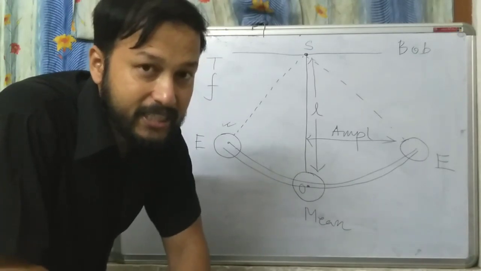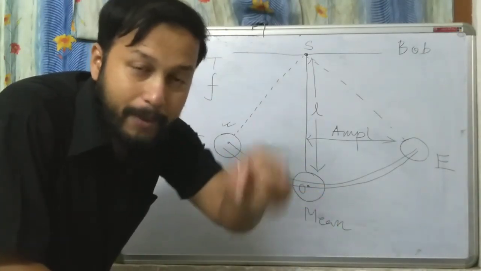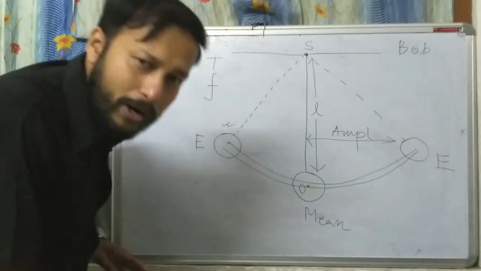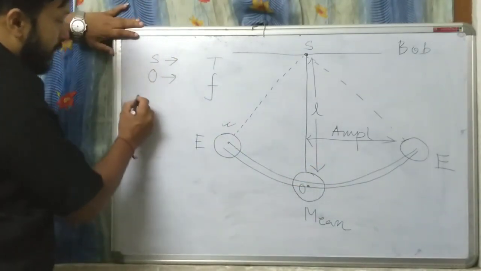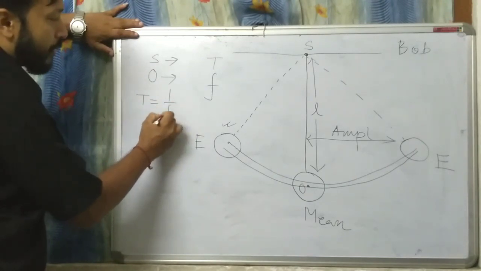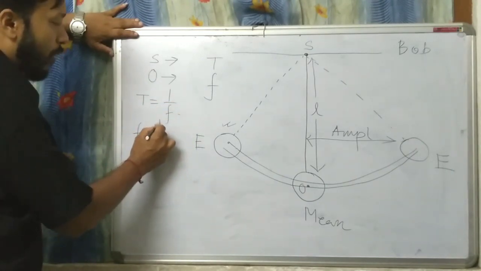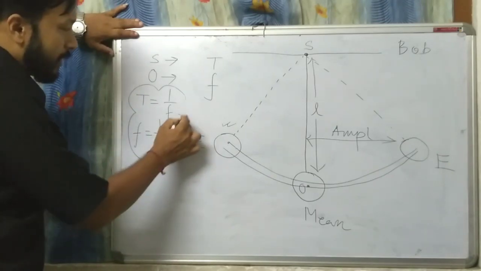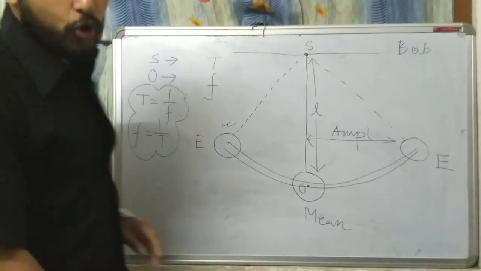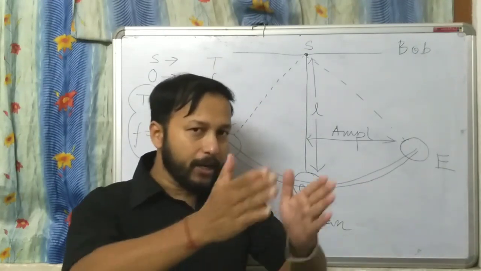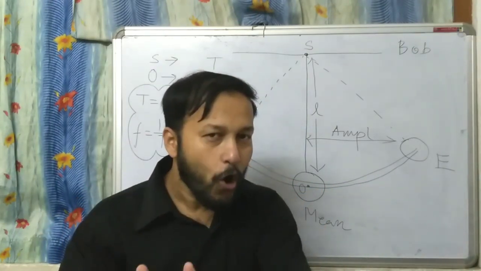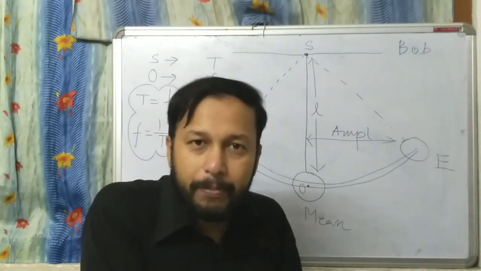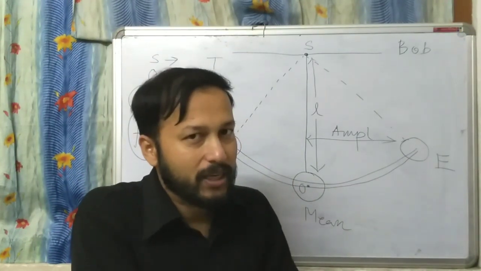Time period equal to 1 by frequency, or frequency equal to 1 by time period. You have to remember these two equations. This is the relation between time period and frequency.